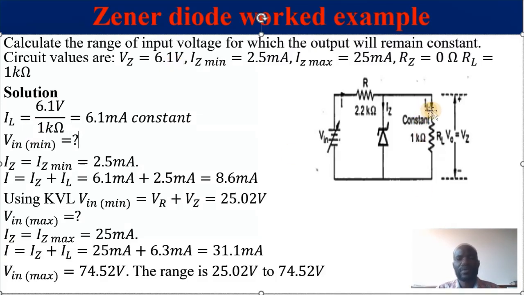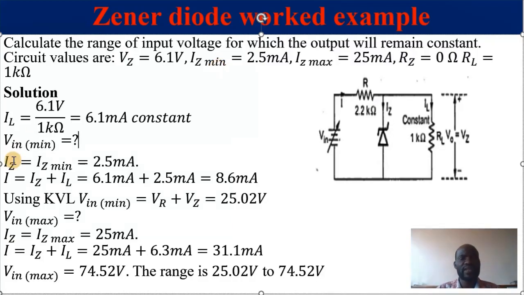So we have now found IL. But we are given the minimum Zener current, which means we can calculate I. So we want to calculate V in. When we are calculating V in, we use the minimum Zener current because the output is being held constant. Please take note of that important point.